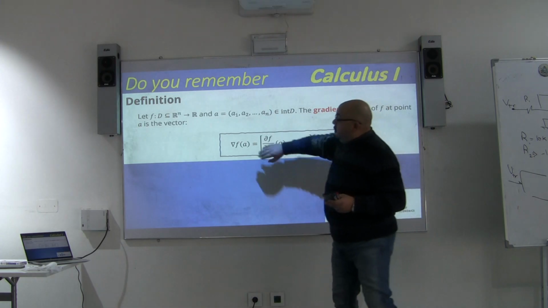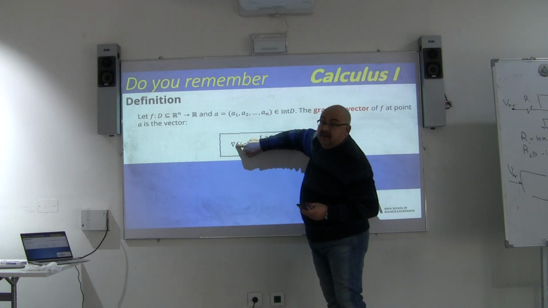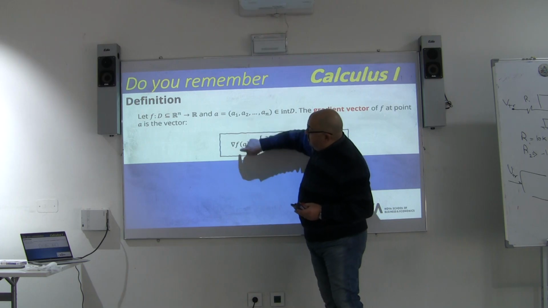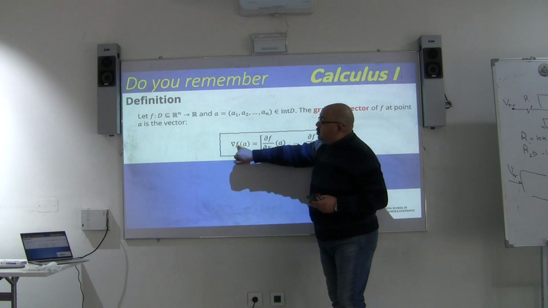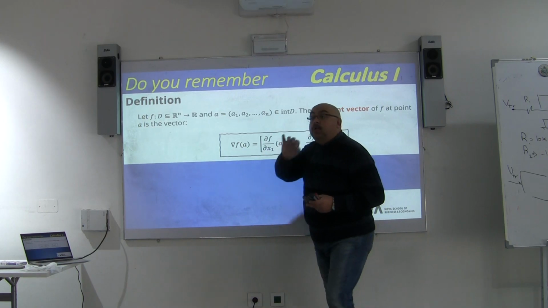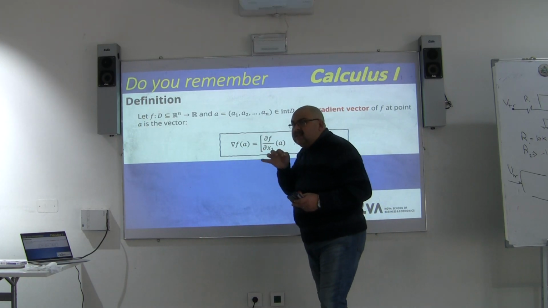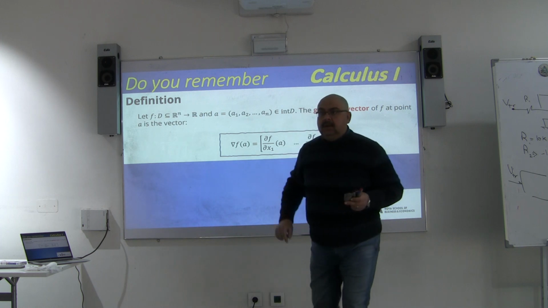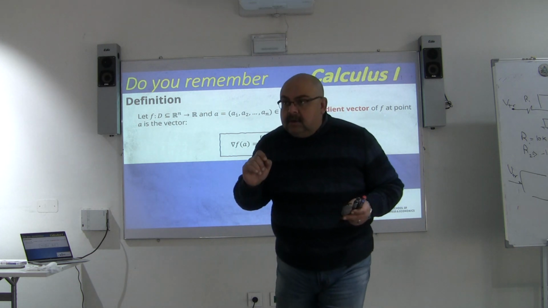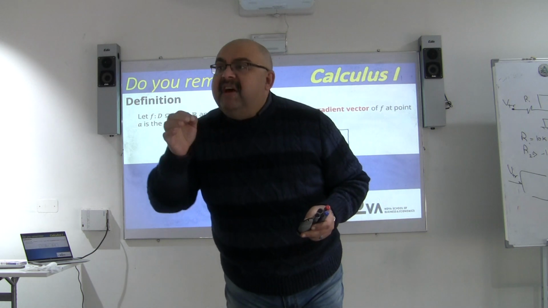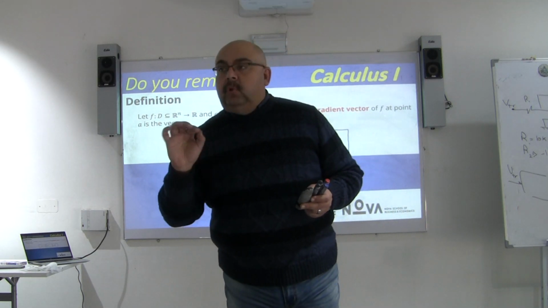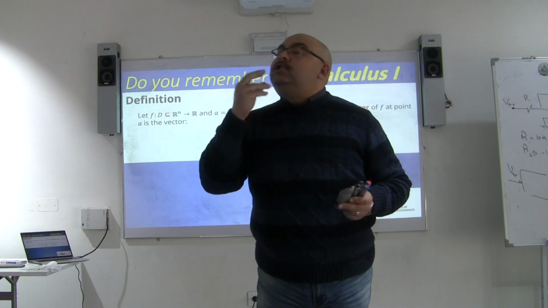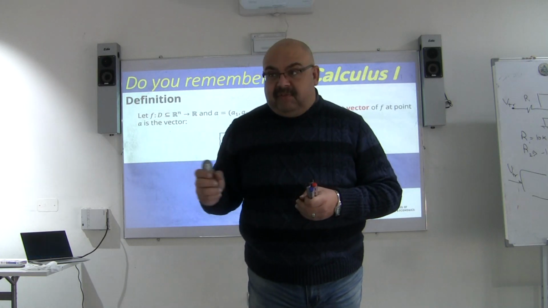simple. The symbol of the gradient vector is the upside-down triangle that you will see. So it means the gradient vector of f, which means I will get the partial derivatives of f with respect to its variables, which means I will differentiate f.